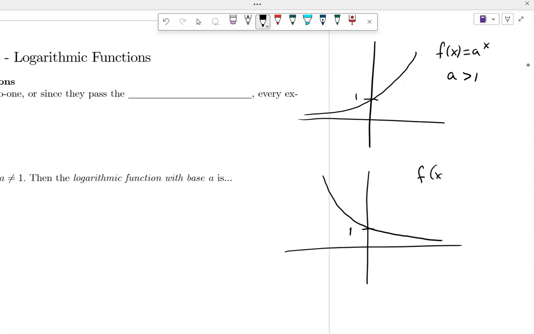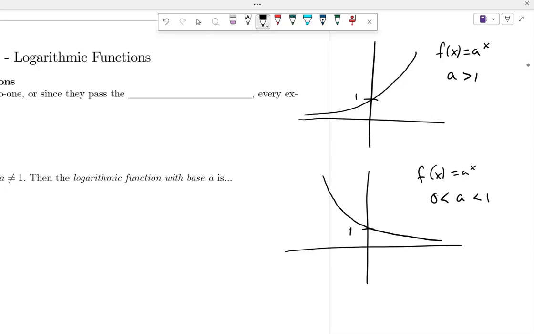This is your exponential function if your base is between 0 and 1. Those are basic shapes, right? It's one of those two, and really, it's the same shape. This is just this one flipped left to right. We agree with that? Okay. In any event, those are your basic shapes.